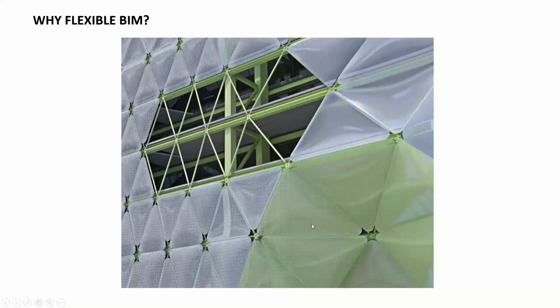But when we talk about flexible BIM, we are based on the fact that VisualARQ is working on top of Rhino, which is very capable of working with organic shapes, with freeform geometry, and we can also use this freeform geometry in our BIM models. So we can get informed objects out of any freeform shape.